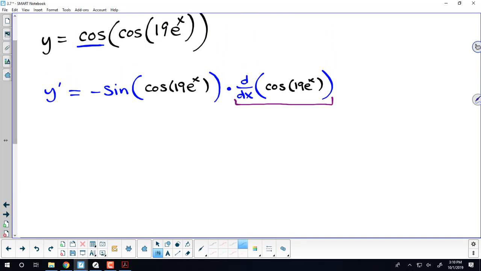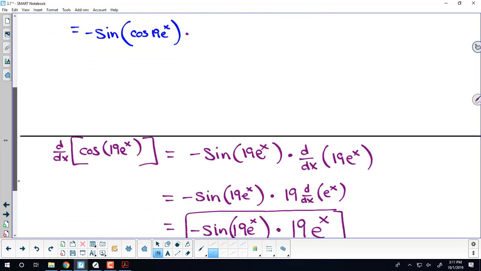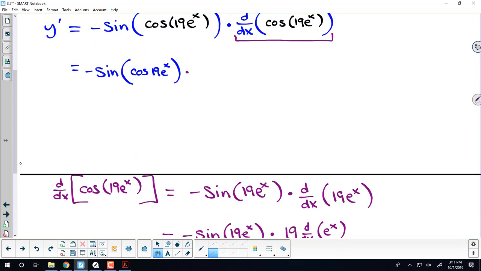So then we have to put that in place, times that whole thing that we just had down there. So it's just those two terms multiplied together.